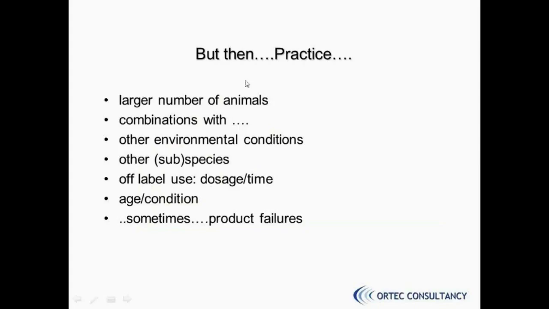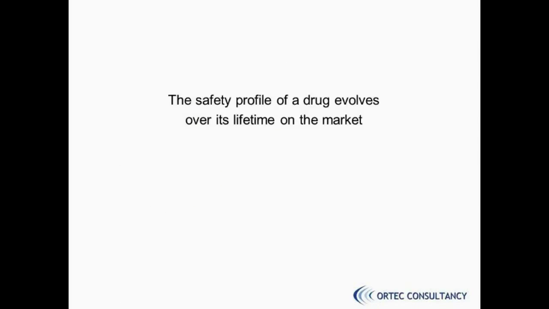In other words, we will have the product used in younger animals or older animals or animals that could be suffering from underlying disease. And sometimes we do have product failures. So in essence, the safety profile of a drug evolves over the lifetime of its market, and that's part of what our role is in this job of looking at signal detection.